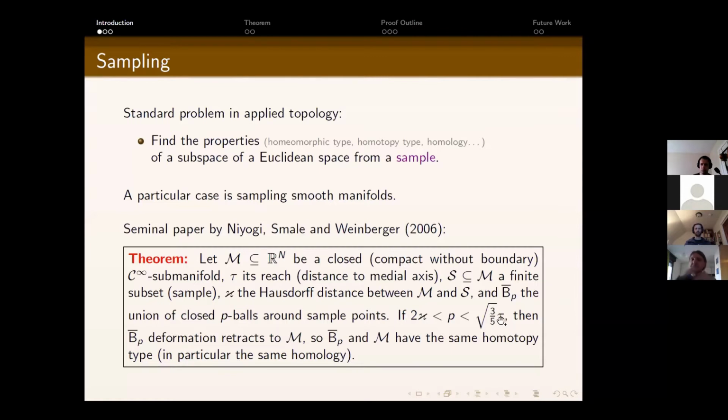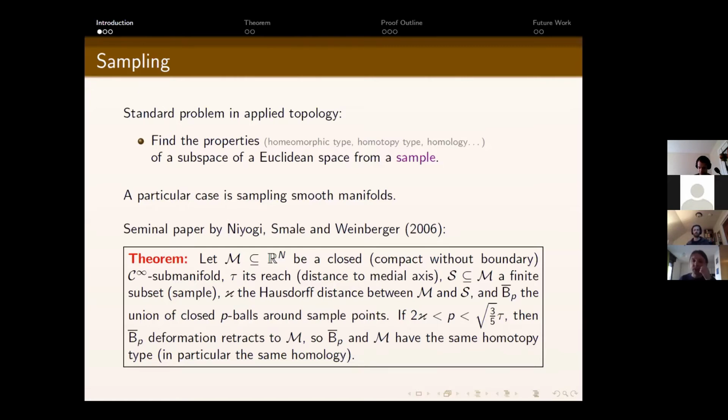That is the distance to the medial axis, which is a basic form of a global feature size. Basically how close different pieces of the manifold come together, because the closer they get together, the denser your sample has to be, intuitively, so that we actually determine what the manifold is.